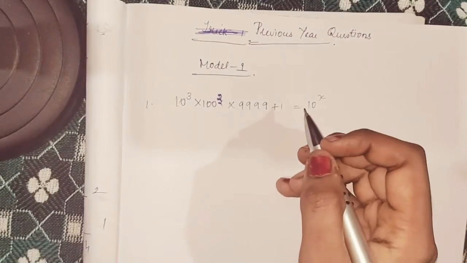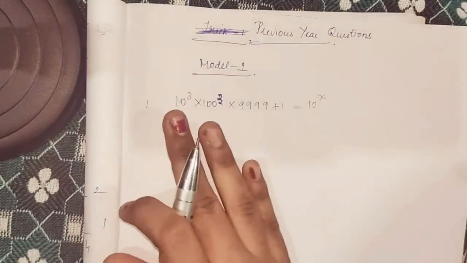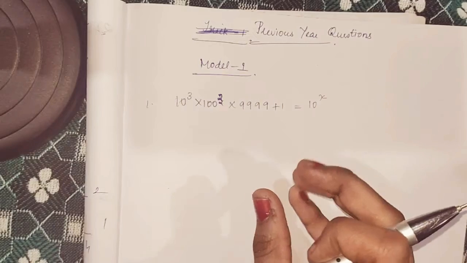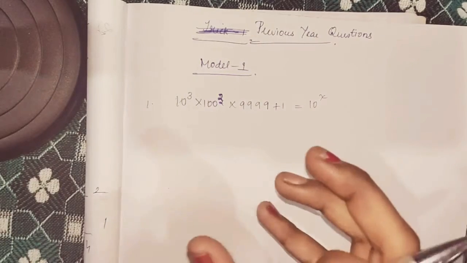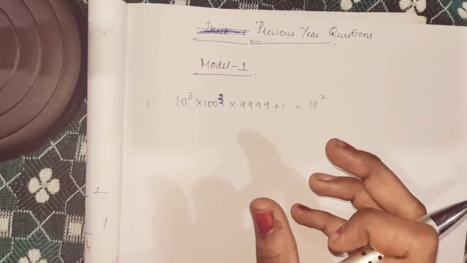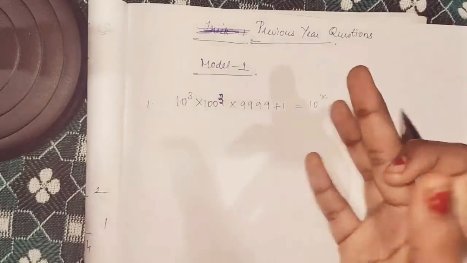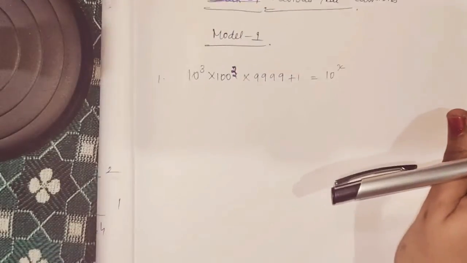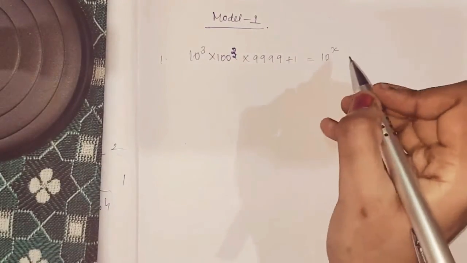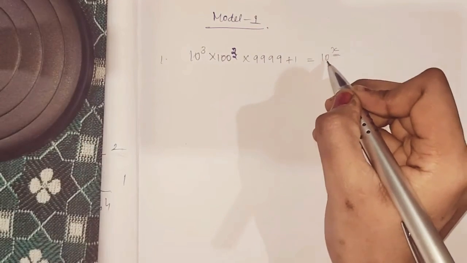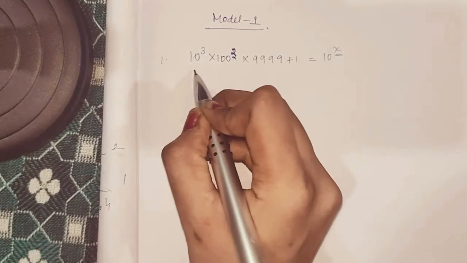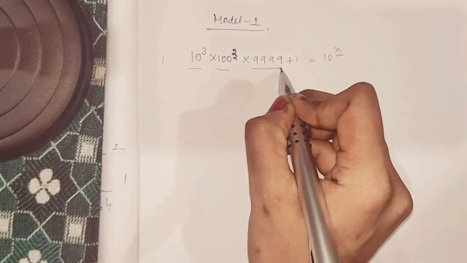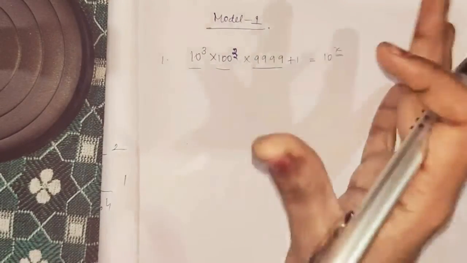So see this model. This is one of the models that will be asked every year in your competitive examinations, whether it may be SSC, banking or whatever. This is very easy to solve. Here you are asked to find the value of 10 power what. Convert every single term into 10 power as much as possible.